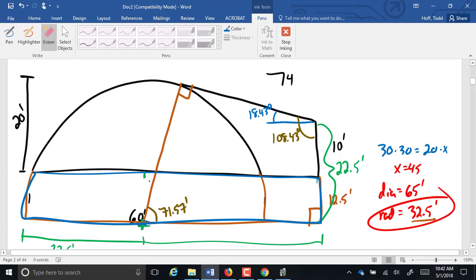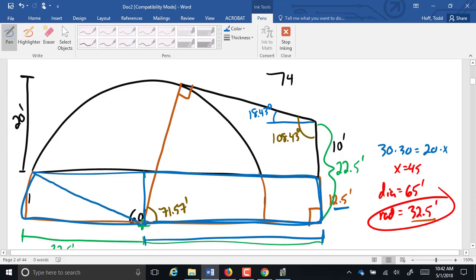How do we find this area to subtract out? Well, we would have this rectangle here, which is 12.5 times whatever this distance comes out to be. Here, we have a right triangle. This is 12.5 and this is 30. Of course, the triangle itself is just 30 times 12.5 divided by 2 to get its area.